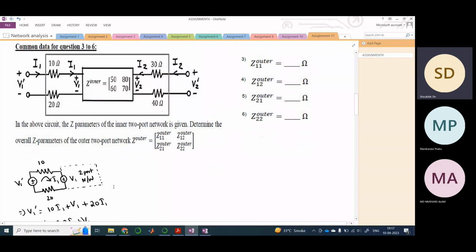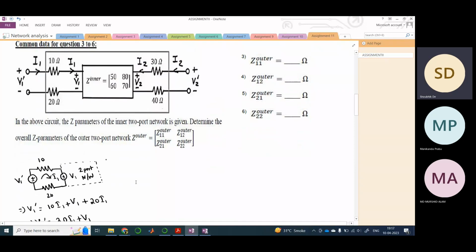In the same way, if I redraw the circuit on the right hand side, there is this potential which is V2. Again, there is a resistor which is 30 ohm, and there is a resistor which is 40 ohm, and there is a voltage source of V2 dash.